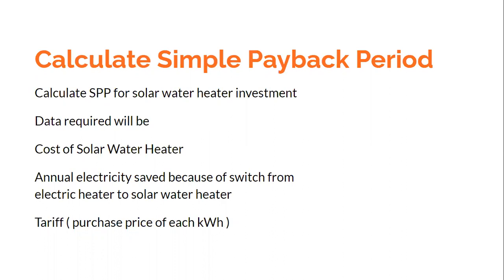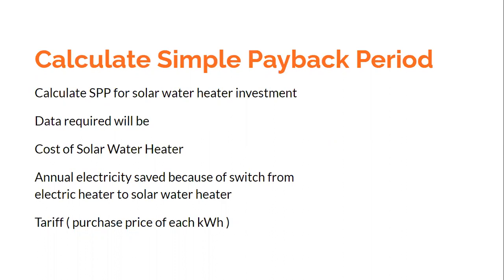When one purchases a solar water heater, assuming that initially the household was using electricity for heating the water, the use of a solar water heater would obviously save us electricity. So the data on the electricity saved over a period of a year, that is the annual electricity saved, becomes important in order to calculate the simple payback period.